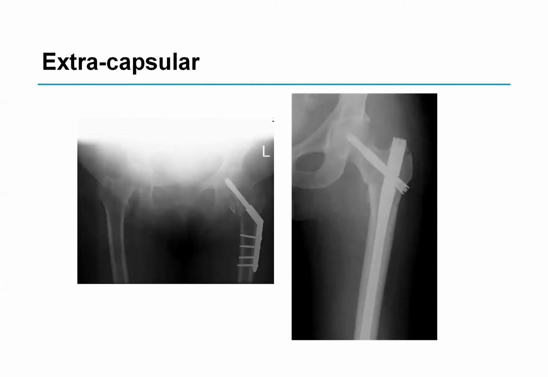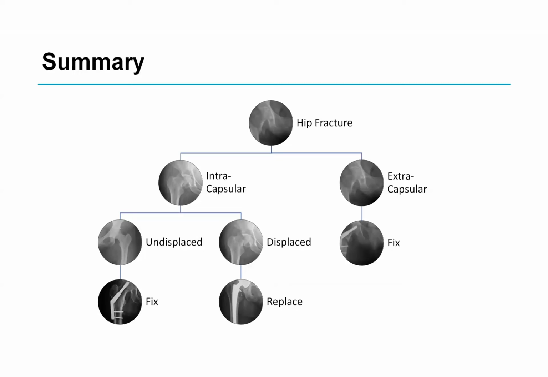If the fracture is extracapsular, we've learned that there is no threat to the blood supply of the head, and hence you can fix those fractures. So the picture on your left hand is the dynamic hip screw, and the one on your right hand is a cephalomedullary device, and there are a variety of these on the market. So in summary, if you're dealing with a hip fracture, you need to know whether this is intracapsular or extracapsular.